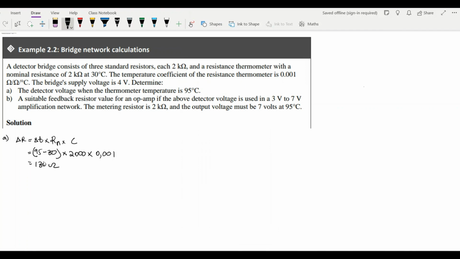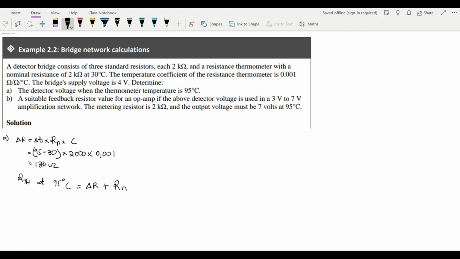So now we need to calculate the thermometer resistance, looking at the change in resistance as well as it being affected by the nominal resistance. So RTH at 95 degrees Celsius would be equal to the change in resistance plus the nominal resistance.